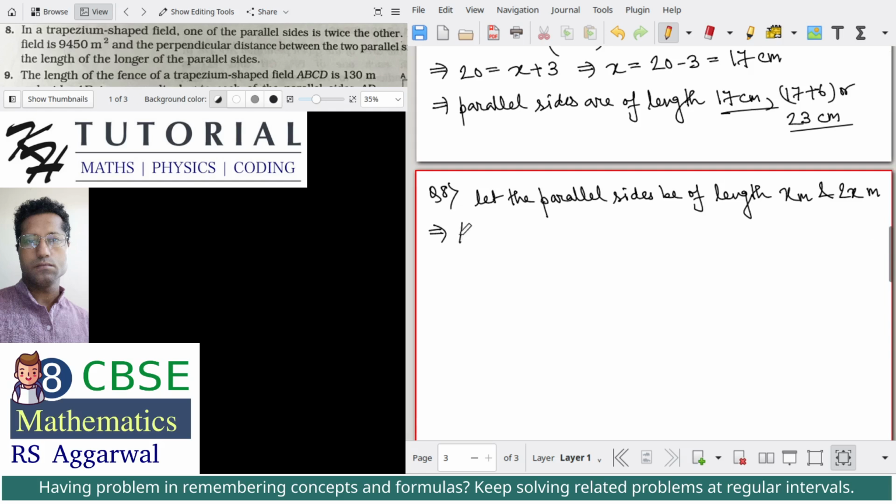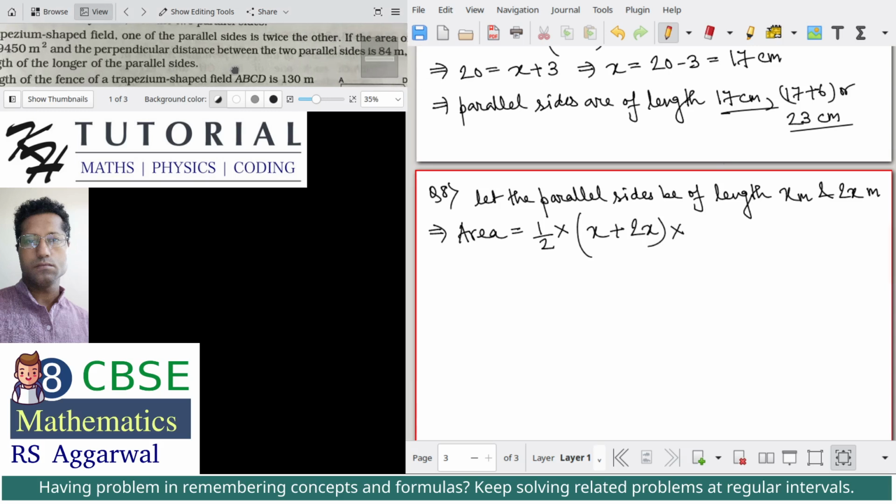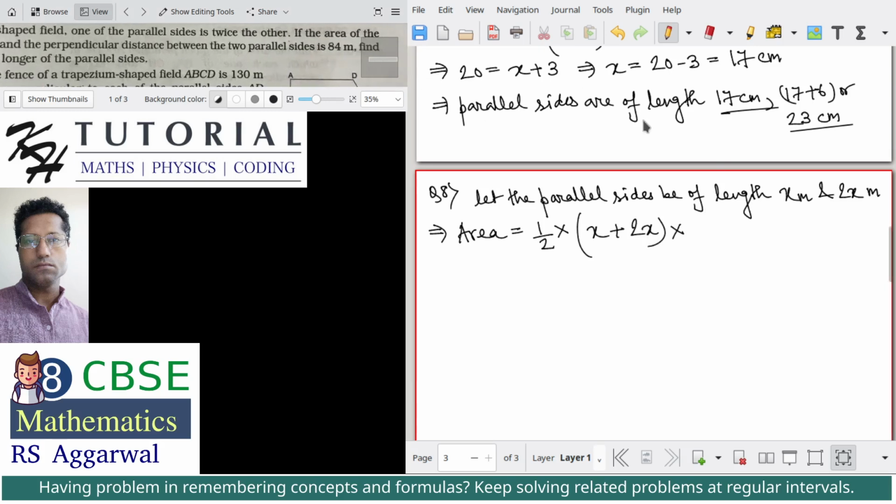So we will have the area will be equal to half multiplied by the sum of the parallel sides, that is x plus twice x, multiplied by the height. The distance between the two parallel sides is given as 84 meter, which is the height of the trapezium.